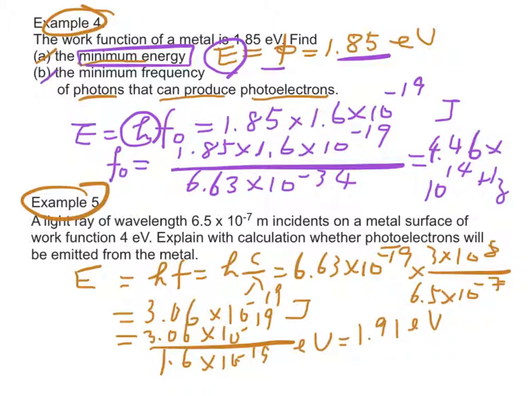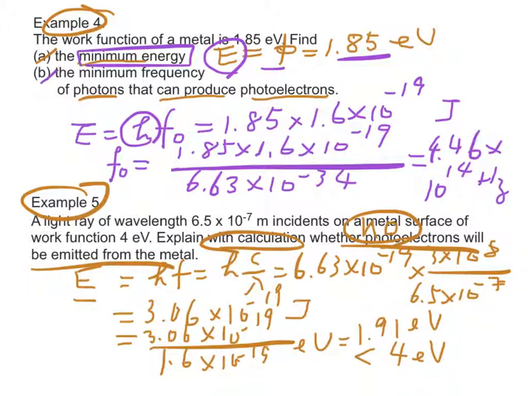Since the energy of each photon is smaller than the work function of 4 eV, we conclude that no photoelectrons can be emitted.